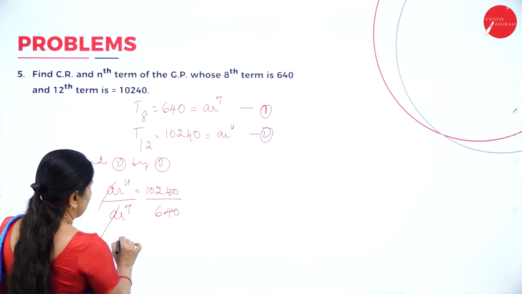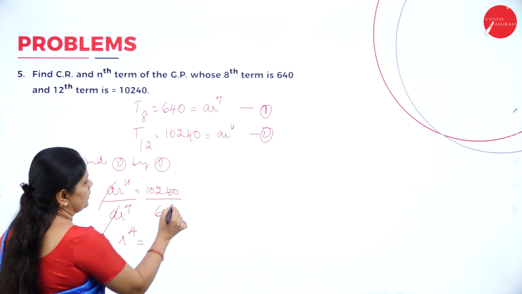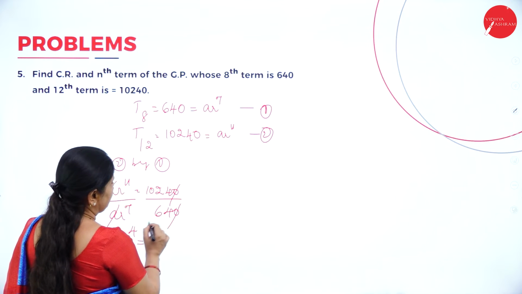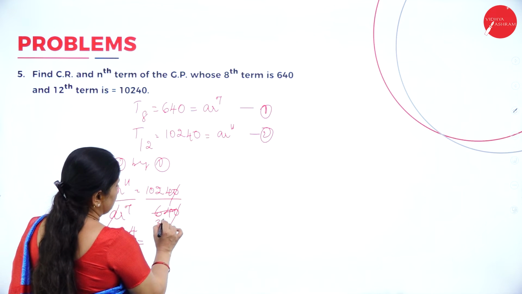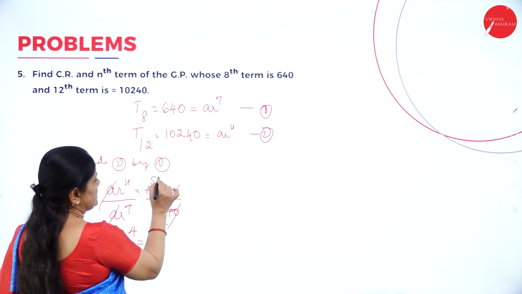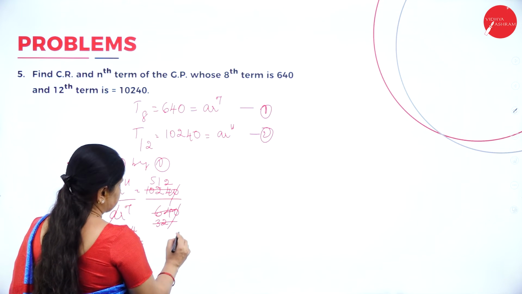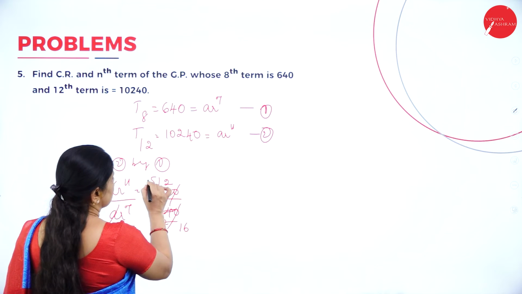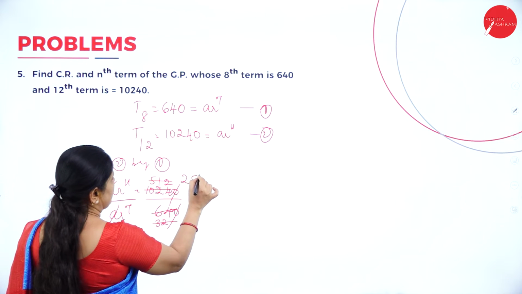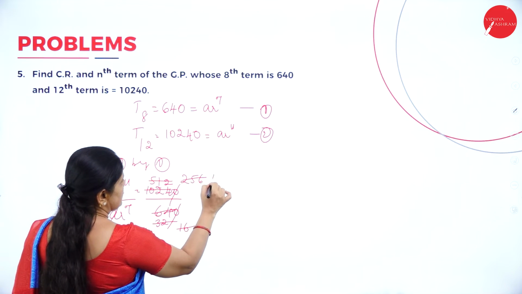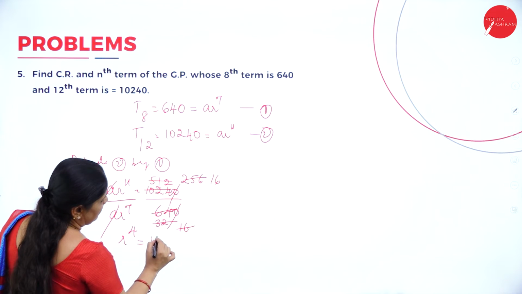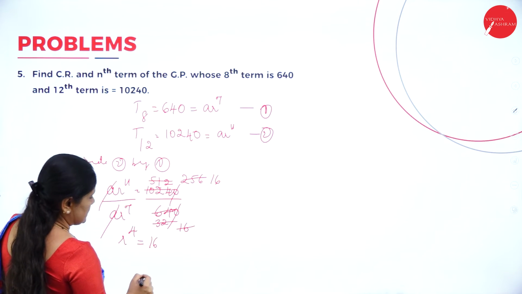So R to the power 4 equals, so we simplify this. So 2 3s are 6, 2 2s are 4, 2 5s are 10, 2 1s are 2, 2 6s are 12, so 16. So R to the power 4 equals 16.